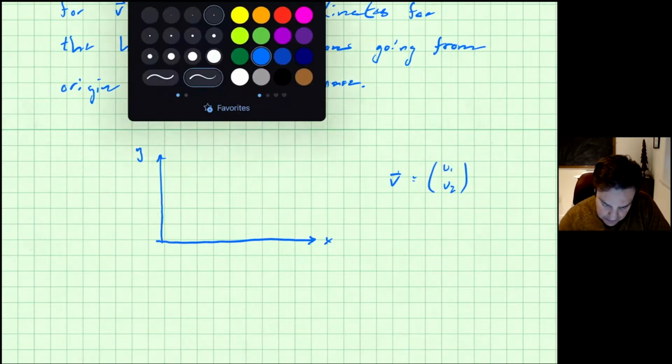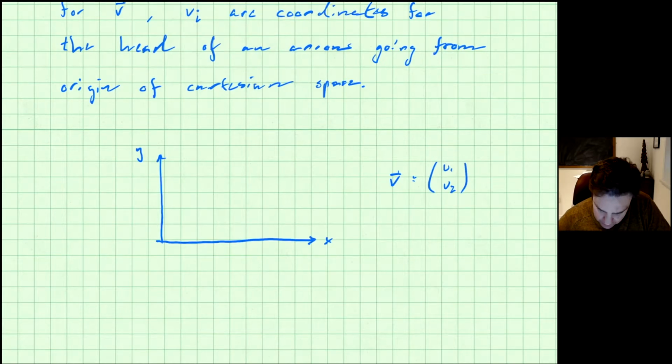I'll just draw it in the first quadrant to make my life easier. So it looks like that, and this point here is at the location v1, v2. So x is equal to v1 and y is equal to v2 for the location of the tip of that arrow.